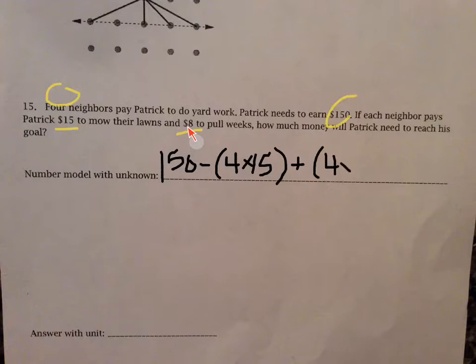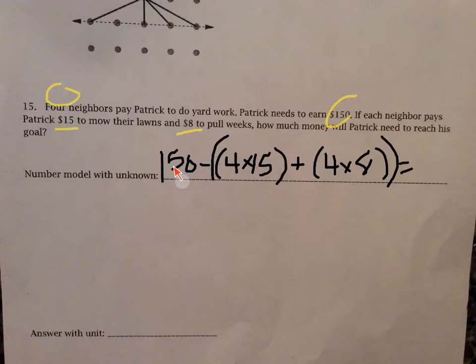However, it's really important that I do these first 2 steps in parentheses before I ever subtract from 150. So I'm going to add a second set of parentheses here to show I have to do this first and this first, all before I ever touch the $150. This is going to give me, let's say M for the money that he needs.